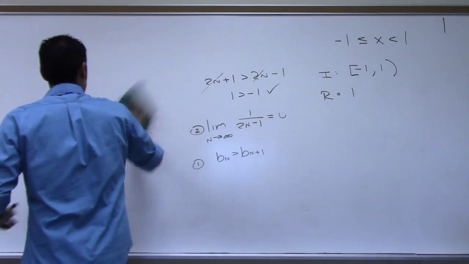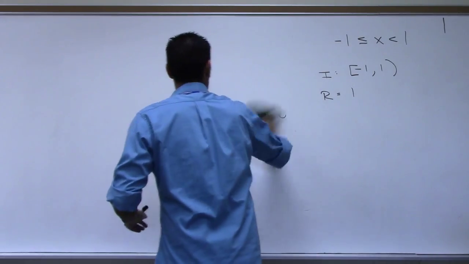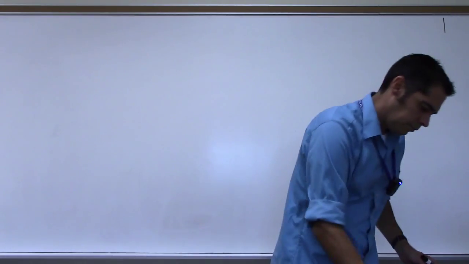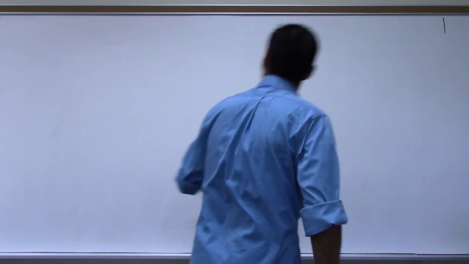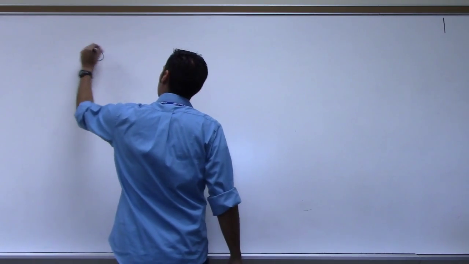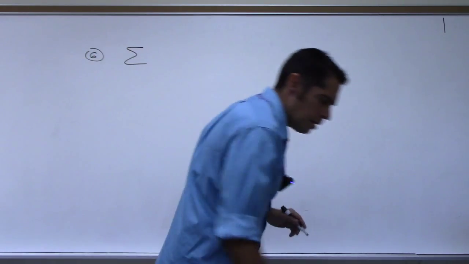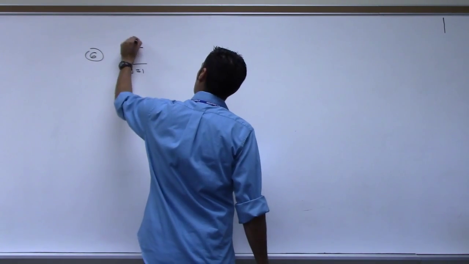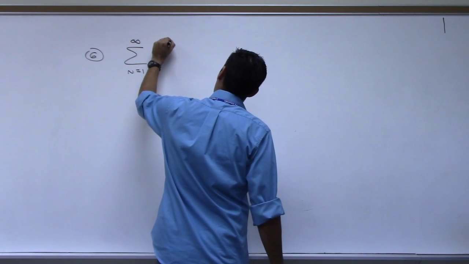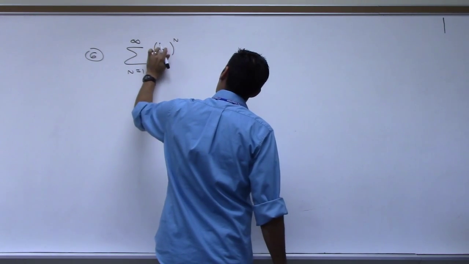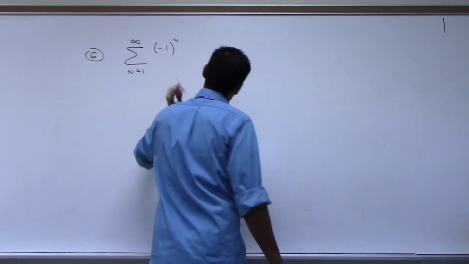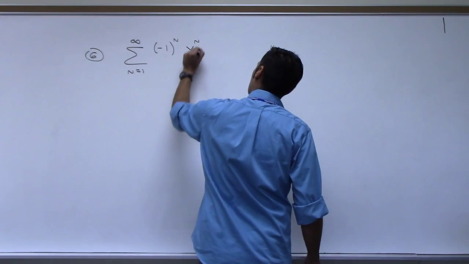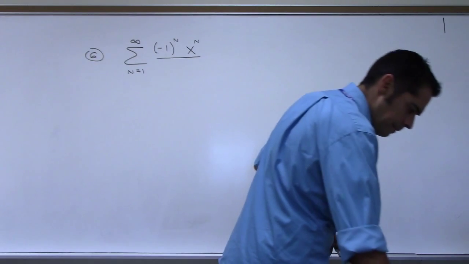Number 6. Sum n equals 1 to infinity, negative 1 to the n, x to the n over n squared.